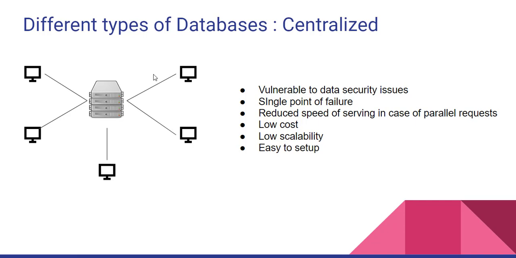If this node or server fails, then nobody can fetch the data, so the entire system goes down. At the same time, if many nodes are trying to fetch data from this DB, the response time will go down. On the positive side, it's low cost and easy to set up, with low maintenance.